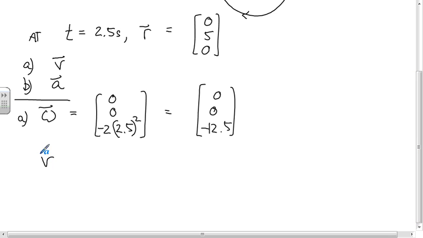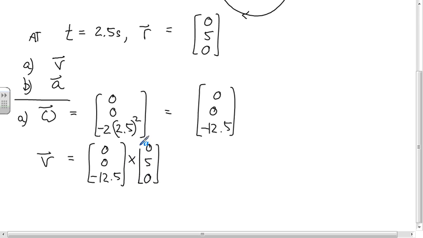And now we'll use the velocity formula for our point P. The velocity is equal to the angular velocity, 0, 0, negative 12.5, crossed with 0, 5, 0.